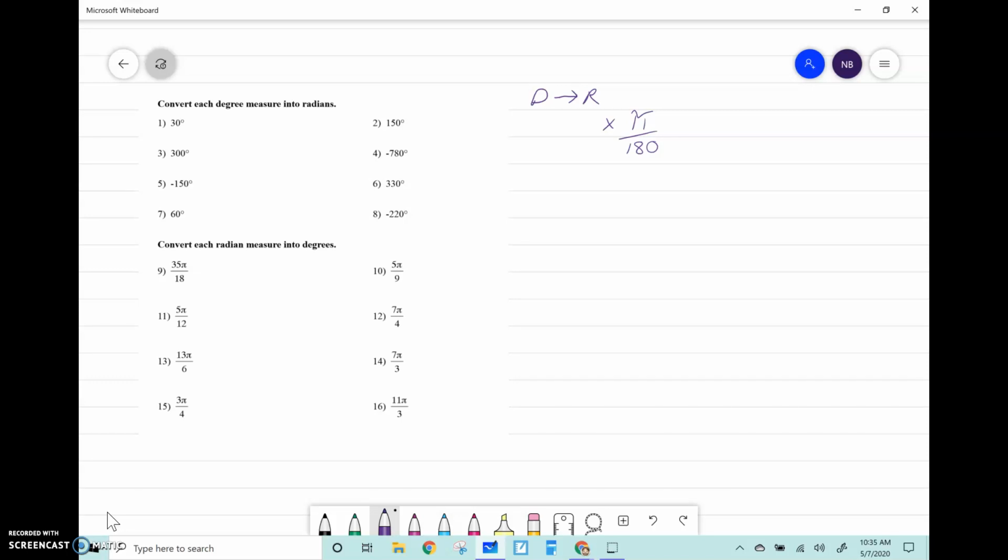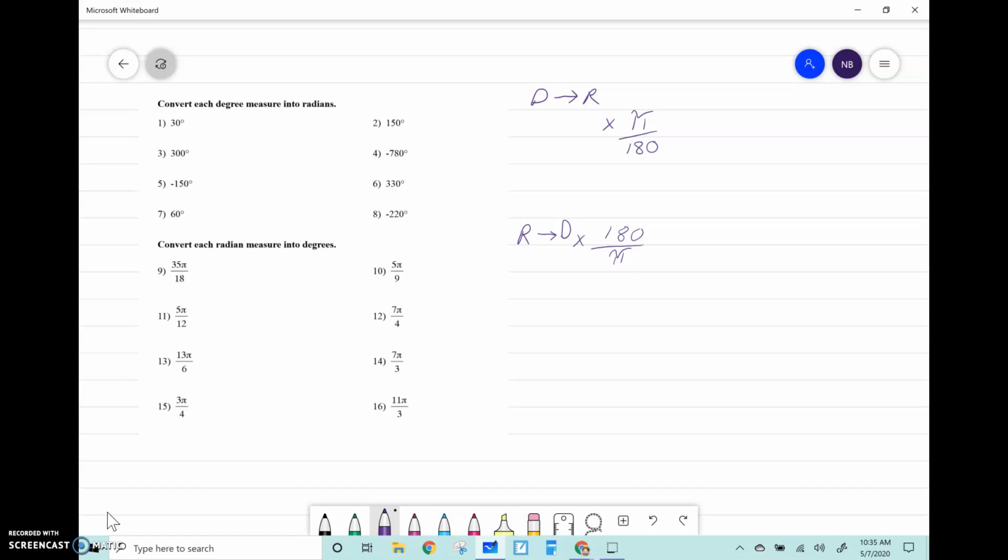And when we're doing radians to degrees, R to D, we're going to multiply by 180 over pi. So we're just reciprocating those fractions.